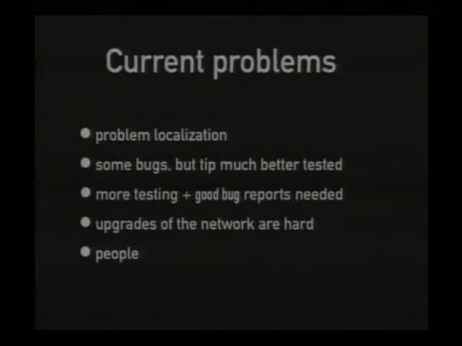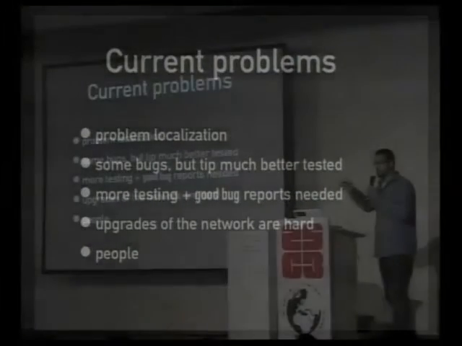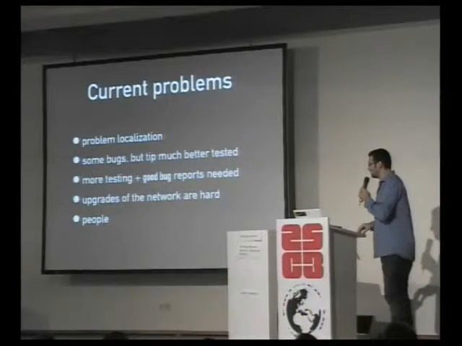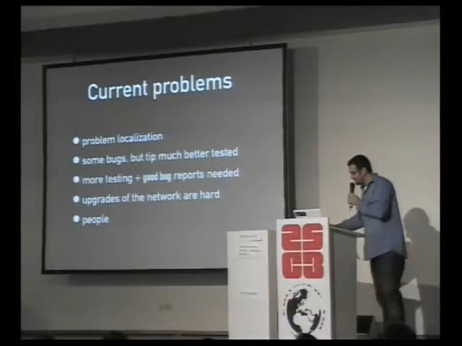The tip is much, much better now than actually the stable branch. We believe that the tip is more stable than the stable branch. But we need your feedback for that. That's why I'm talking here also. We need good bug reports. And that means if somebody needs to go into GDB and look why the thing core dumped, please send that.